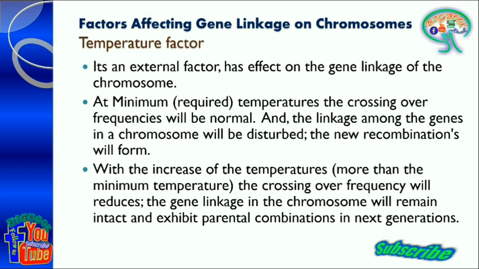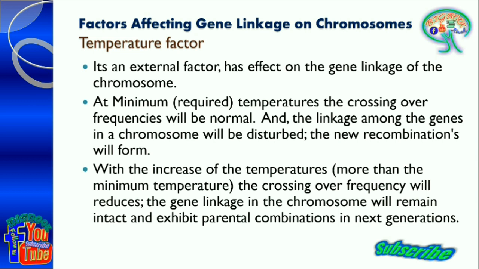Now the organism's organ is going to take part in gametogenesis, but due to the difference in physiological function because of the higher temperatures, there will be less frequency of recombinations compared to the threshold minimum temperature we have already spoken about. It means it is going to reduce the recombination.